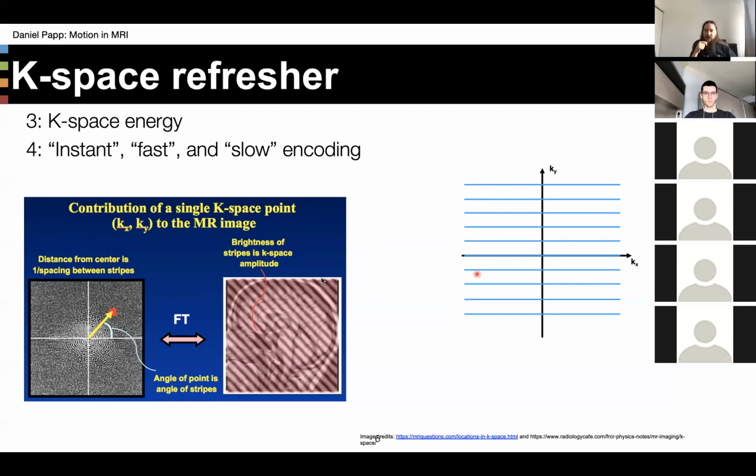The usual wisdom is that this readout direction is instant. You just go through it. It's not sensitive to motion. The fast encoding direction is less sensitive, and the slow encoding direction, which would be through plane here, is the most sensitive.